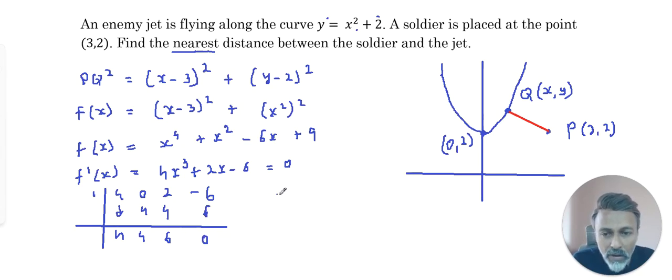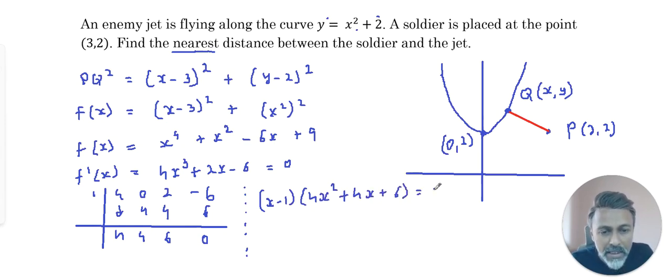So we have got (x minus 1)(4x square plus 4x plus 6) equal to 0. So x is either 1 or this quadratic is equal to 0.